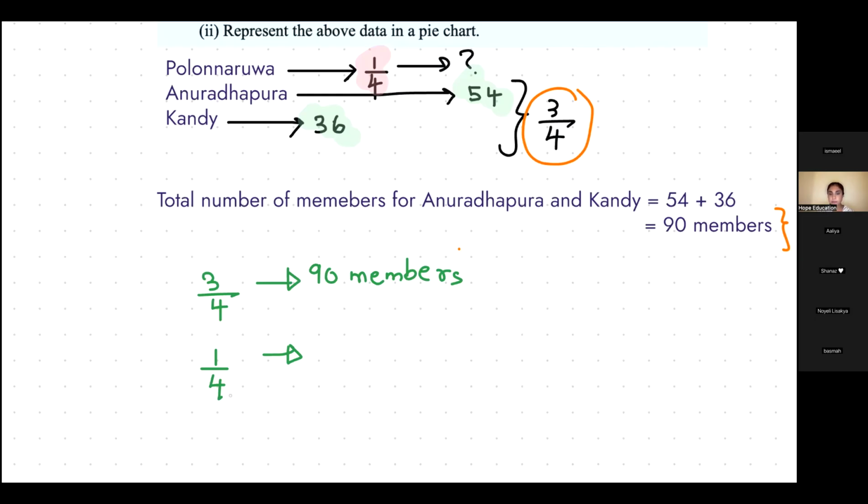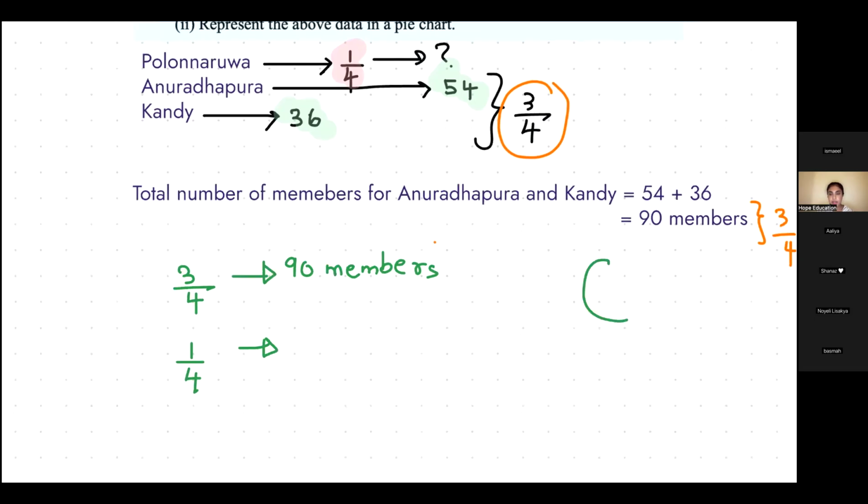How did we get that? Let's say there is a cake. 3/4 means 3 parts. If 3 parts were eaten by 90, that means one part was eaten by 30 members. So 90 you divide by 3 and you get 30 members. So 1/4 is 30 members.